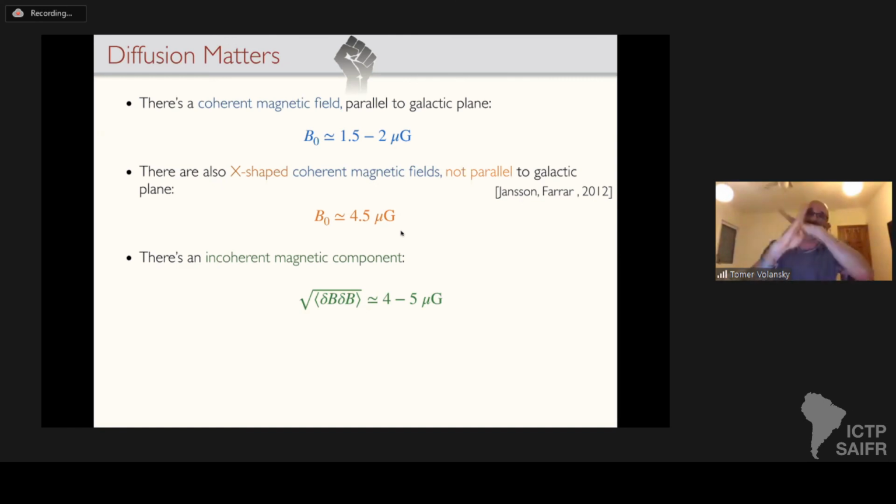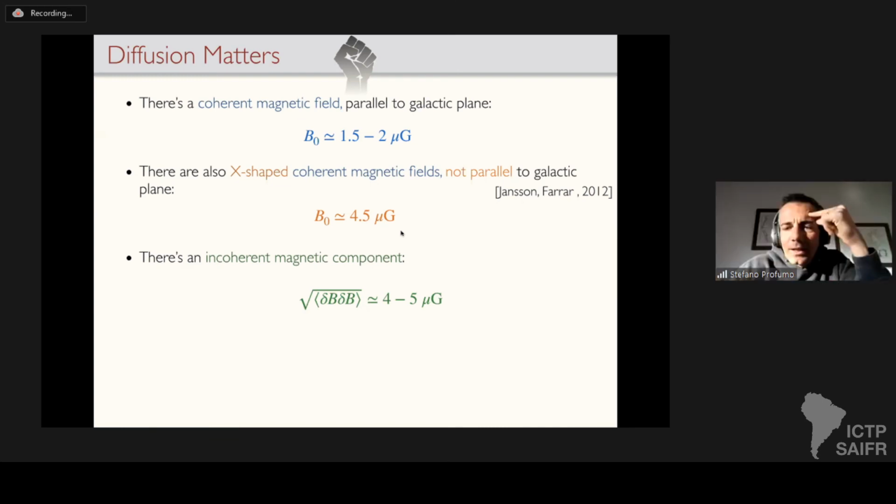If you have this X field and you come from the outside, you can gyrate around. Well, I don't know, because this is still a diffusive process, isn't it? The incoherent component would screw up your gyration and the trajectory of the particle. I don't think you can say that you have both that preferred direction and the diffusive process.